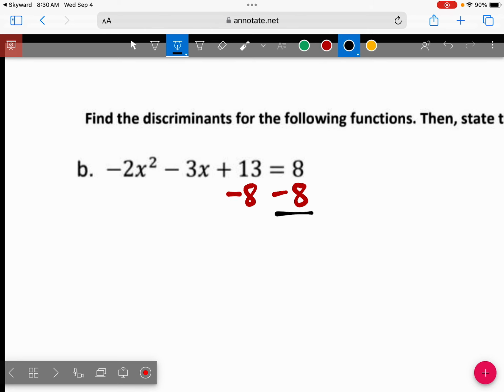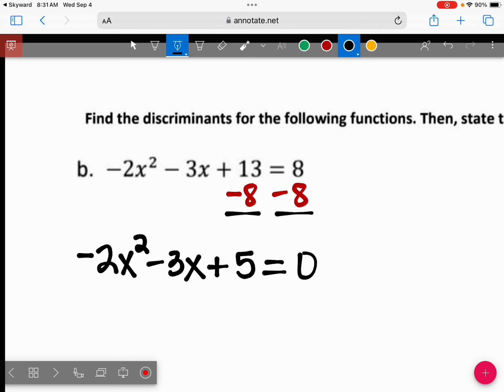All right, so now we have -2x squared minus 3x plus 5 equals 0.